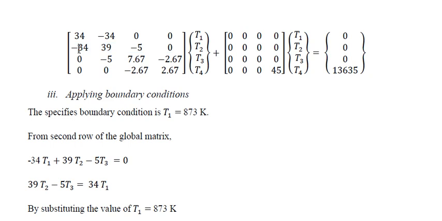So, -34 into T1 plus 39 into T2 minus 5 into T3 plus 0 into T4 is equal to 0. That is what is written here. In that we know T1, it is 600 degrees centigrade, which means 873 Kelvin. We are following Kelvin. Make a note.